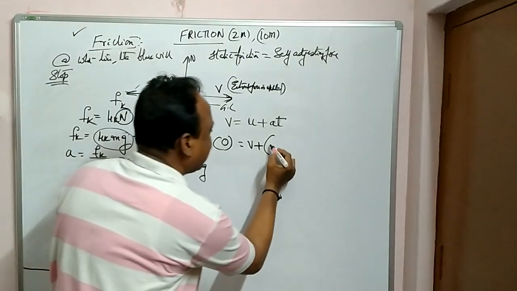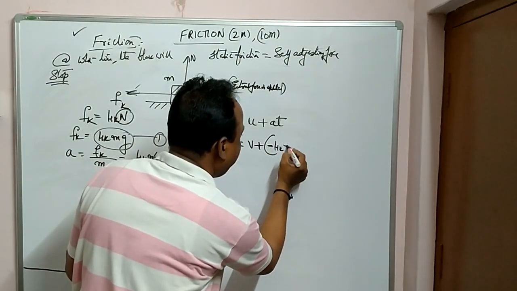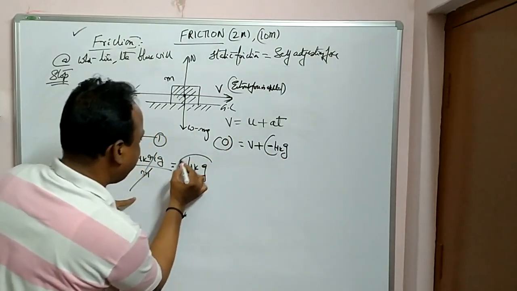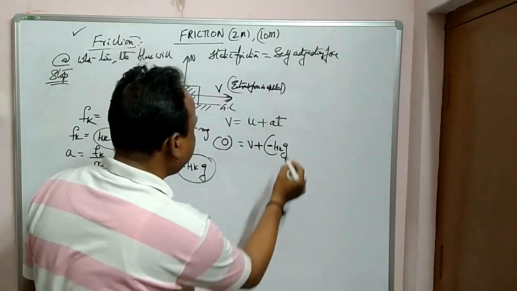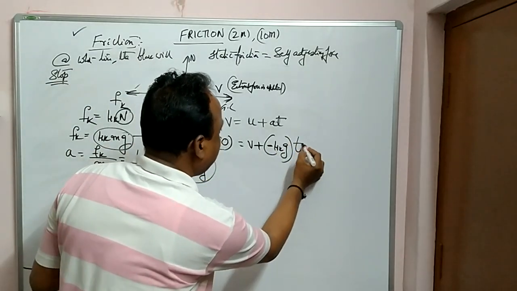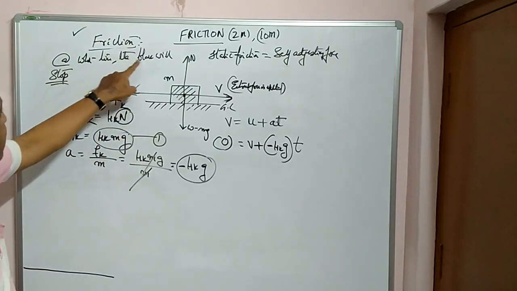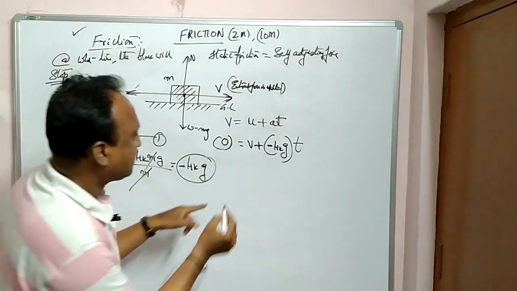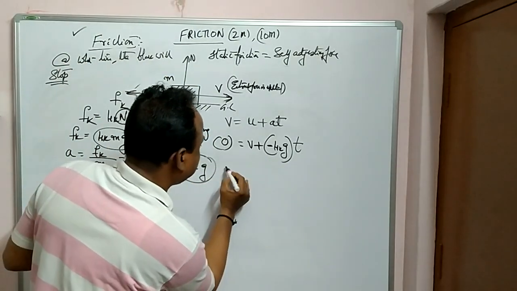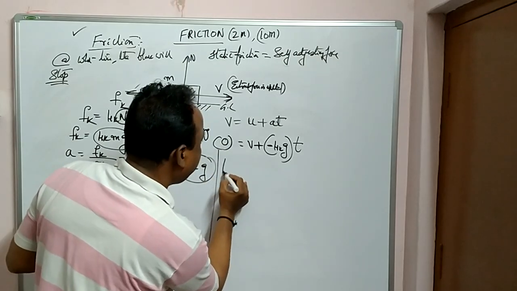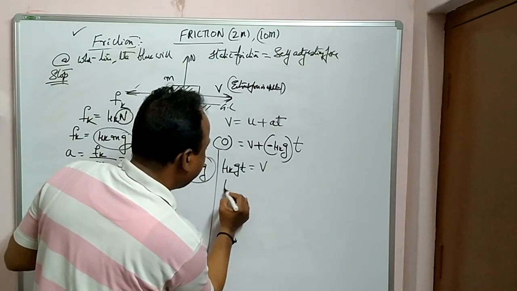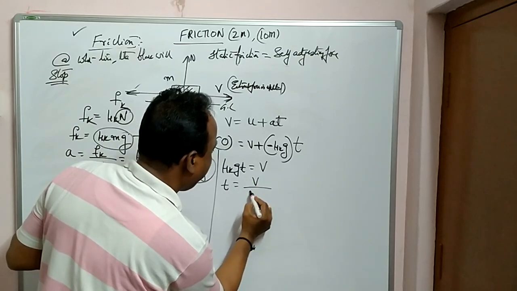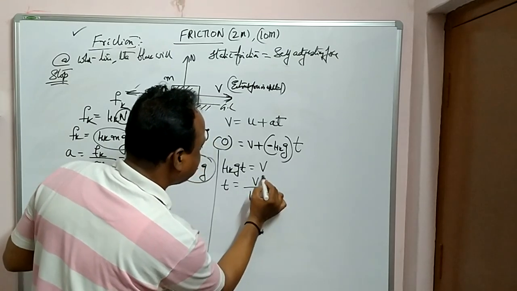Minus mu k g. This is negative because it is in the opposite direction of the motion. So 0 is equal to v minus mu k into g into t. He asked at what time the block will stop. So bringing this minus to the other side, mu k g into t is equal to v, or t is equal to v by mu k g.